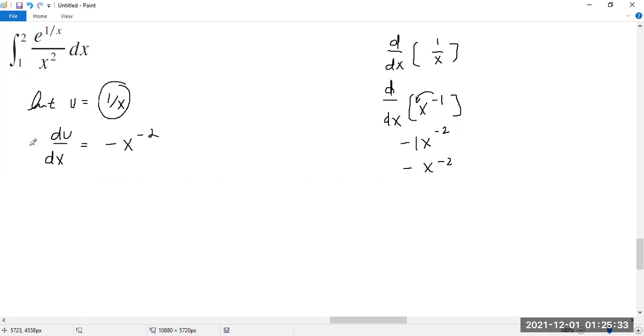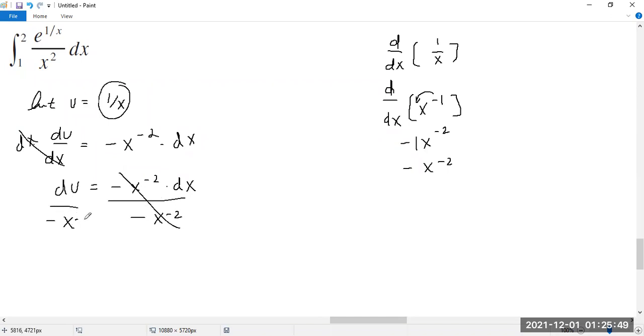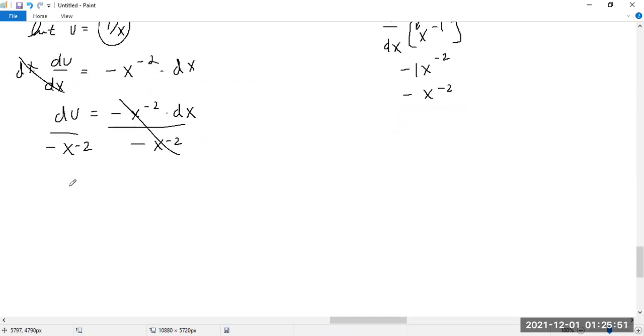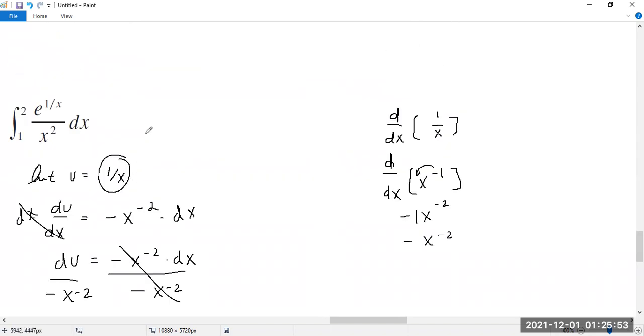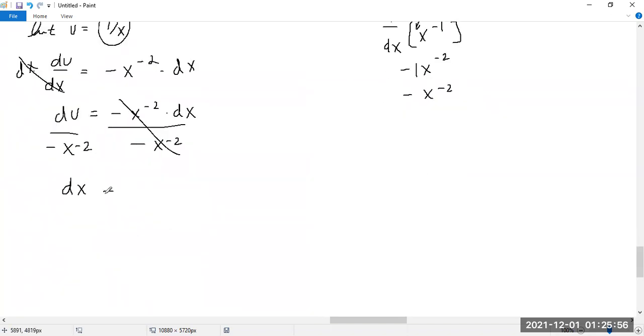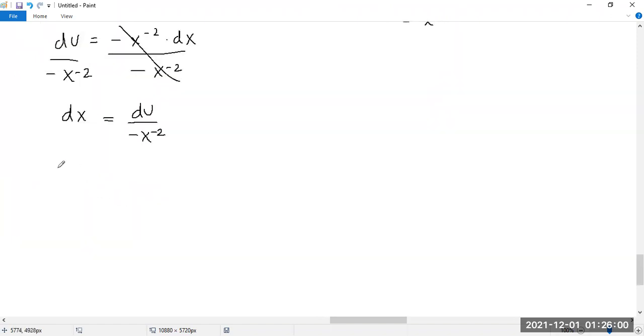So if we isolate dx, du will equal negative x to the negative 2 times dx. We'll divide both sides by negative x to the negative 2, because this allows us to isolate dx, and then we'll replace this piece here. So dx equals du over negative x to the negative 2.